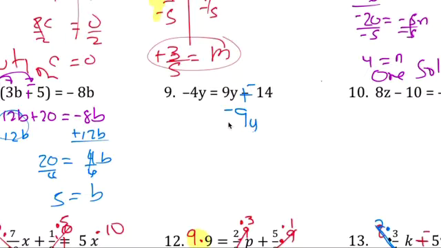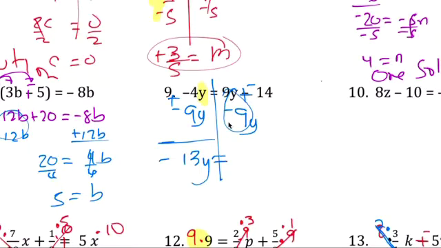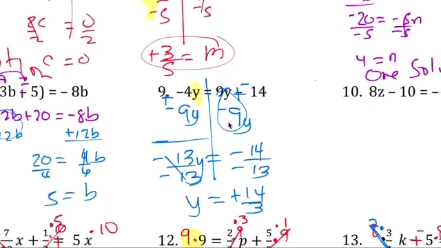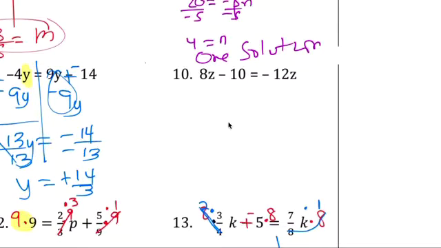Make 0 the y, minus 9y because this is a y. Add them because they're both negative, so you get negative 13y. This is 0 equals negative 14. Divide by negative 13. Y equals, two negatives is a positive. One solution.